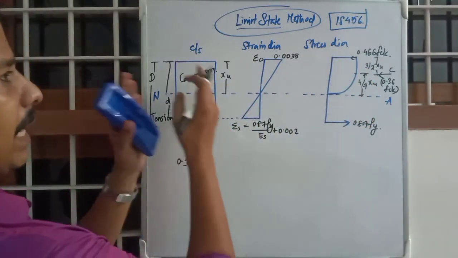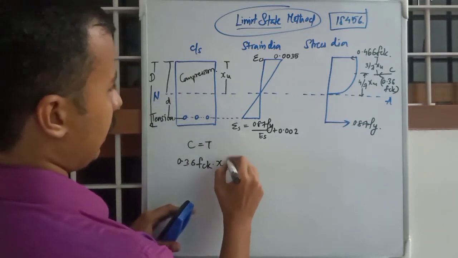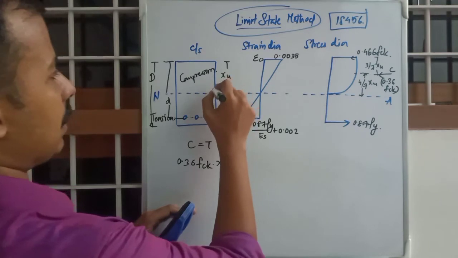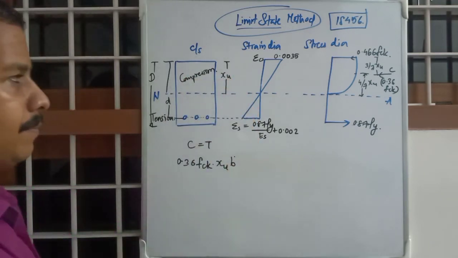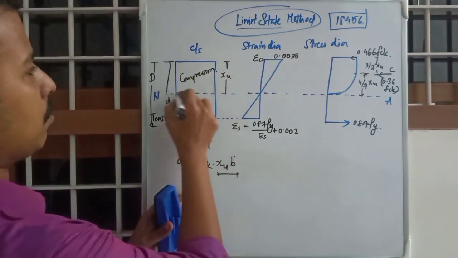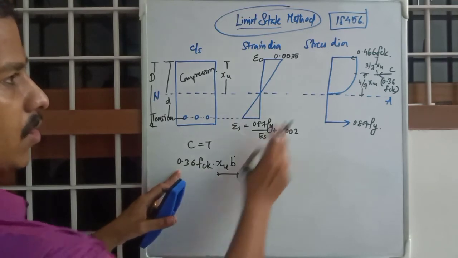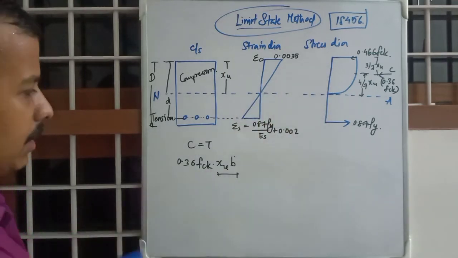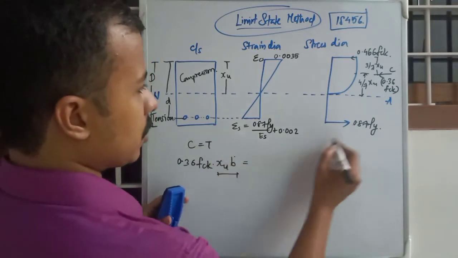What will be the area? XU is the depth and this will be b, so XU times b will be the area of this compression acting area, and this is stress times area. Okay, that is C, that is equal to the tension force.